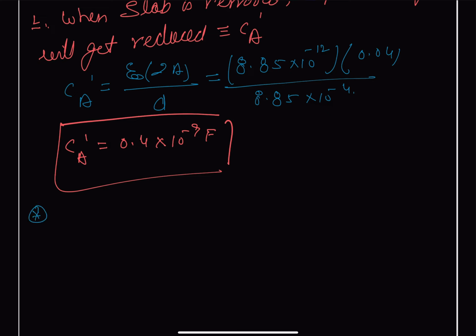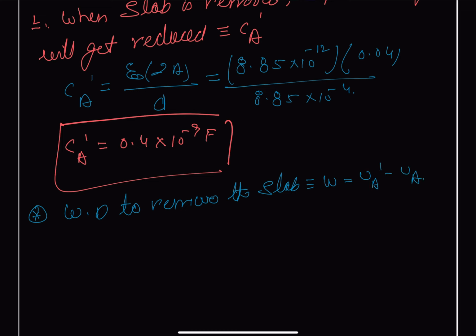So we can say that the work done to remove the slab, that is our W, will be equal to UA prime minus UA.